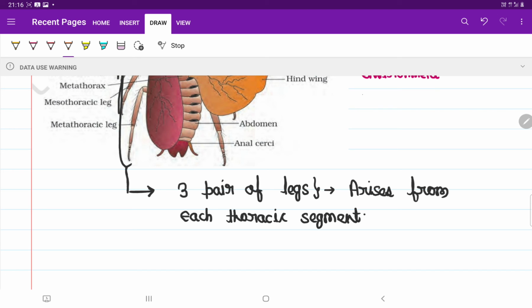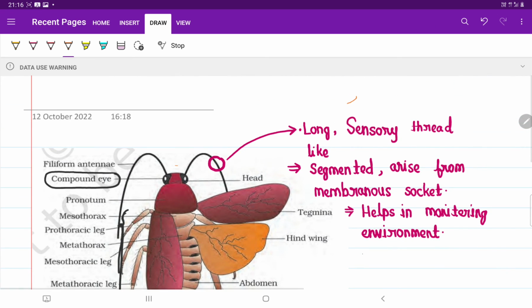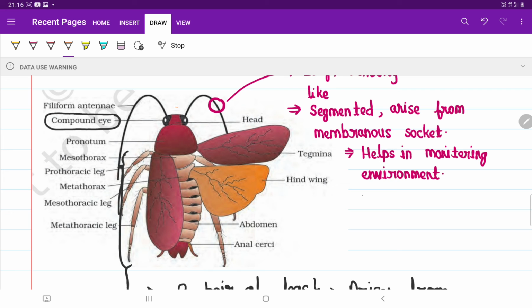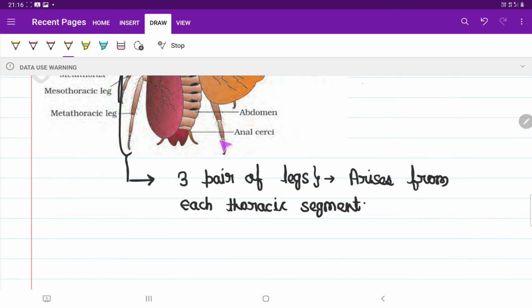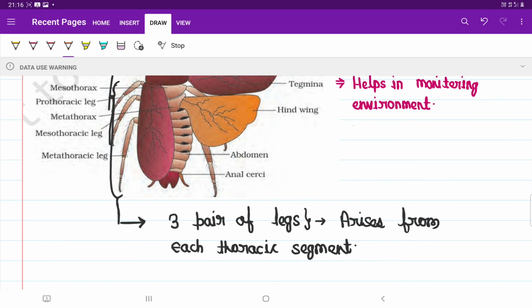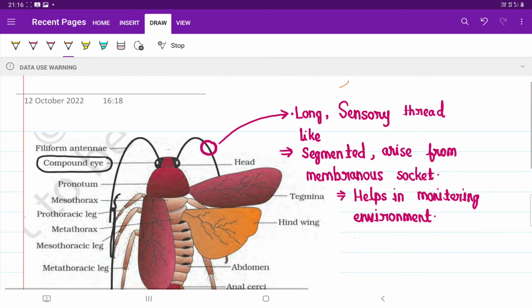Anal cerci are present in both male and female, right? And the anal style is present only in the male. Both anal cerci and anal style are sensory organs. Fine. See, this diagram will give a little more idea.